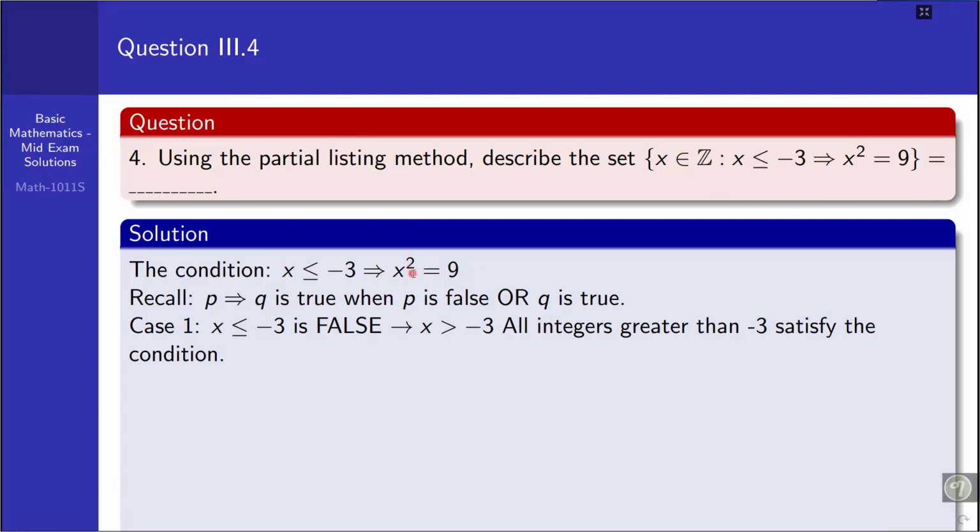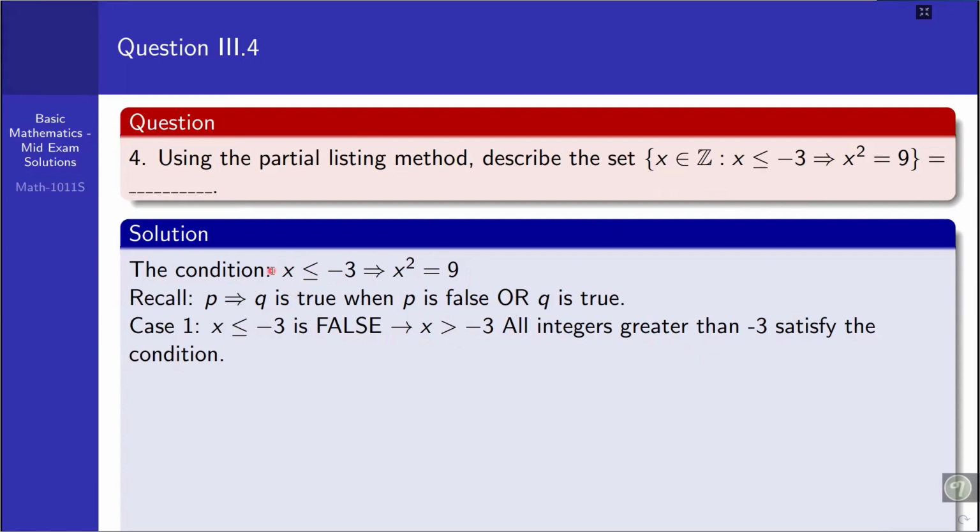Therefore, those real numbers that make this statement true are elements of the given set. When this is false, x is greater than minus 3, so all integers greater than minus 3 satisfy the condition.